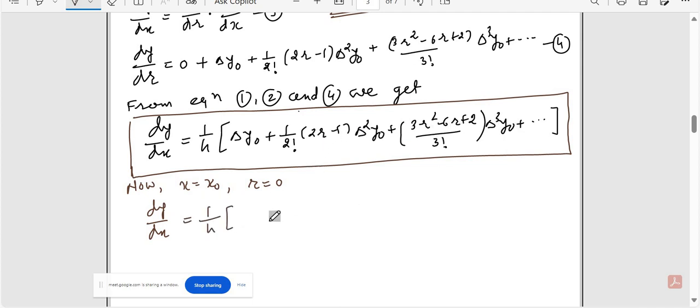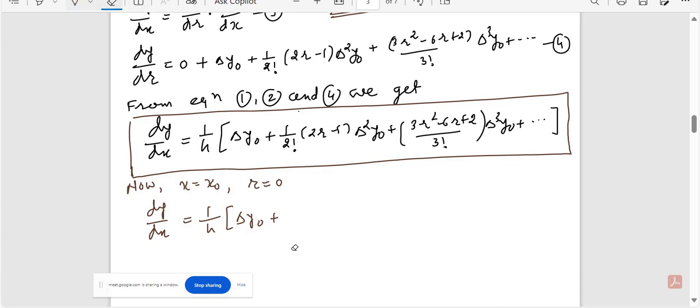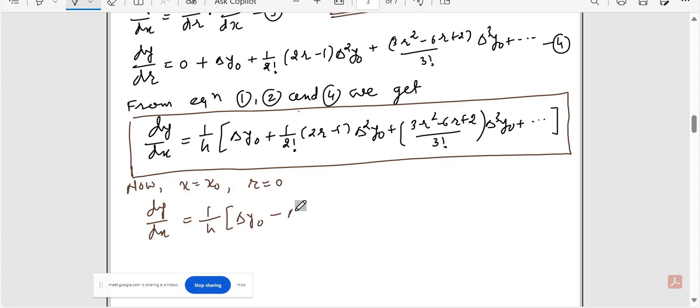Substitute r equals 0 in each term. So we get delta y0 minus delta square y0 divided by 2 factorial, then plus 2 by 3 factorial delta cube y0, and continue in this way. Is it okay, everybody?